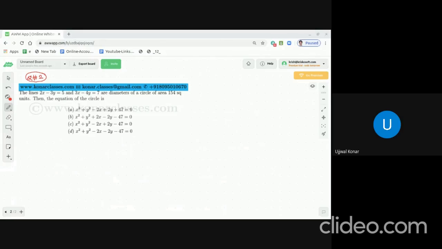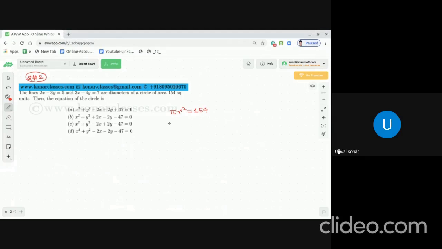One thing we are aware of is that the area of the circle is given as 154 square units. And we know the area formula is pi r square. So we can write pi into r square is equal to 154, and pi is equal to 22 by 7.